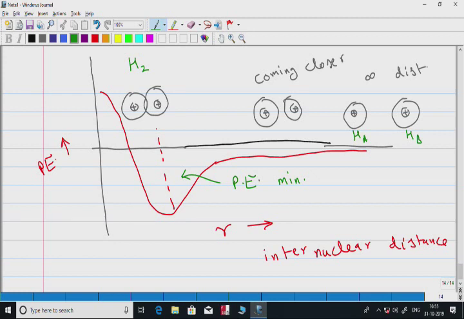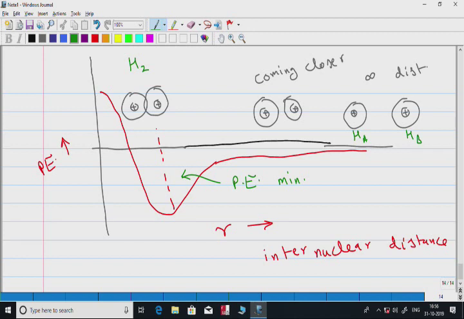But whenever they start approaching each other, new attractive and repulsive forces begin to operate. New attractive forces will be between the nucleus of A and the electron of B, and between the nucleus of B and the electron of A. Whereas repulsive forces will operate between the two nuclei and between the two electrons of the different atoms.